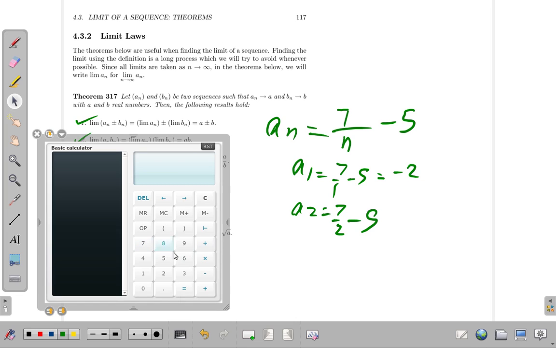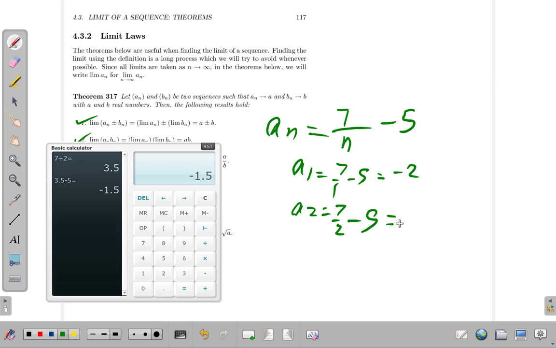So 7 over 2 equals 3.5. 3.5 minus 5 equals negative 1.5. So what we have is negative 1.5.